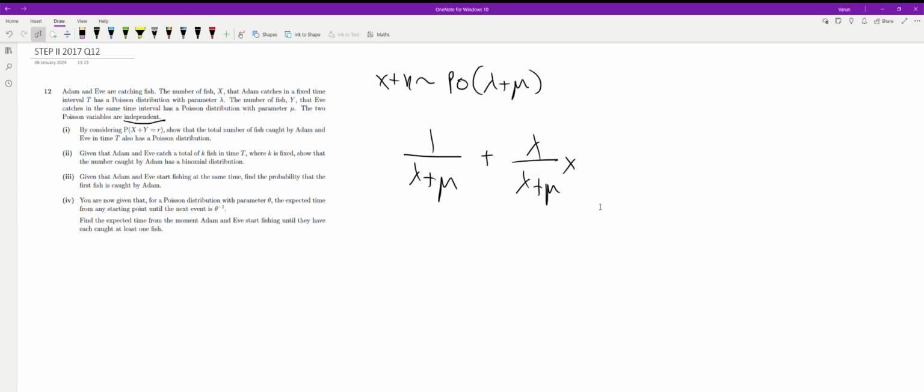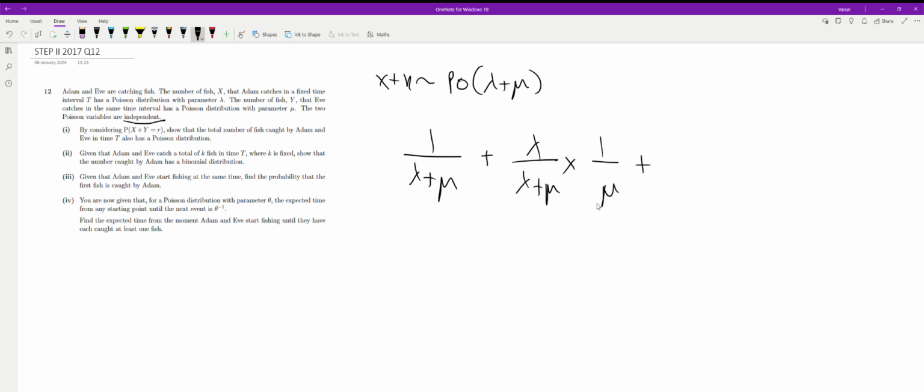So it's the expected time until Eve catches her first fish. But remember that for this Poisson distributed parameter theta, we can actually pick any starting point. So I'm going to pick as a starting point the moment in time that Adam has caught one fish. So then the expected time until the next event, i.e. Eve catches her first fish, is just 1 over mu.